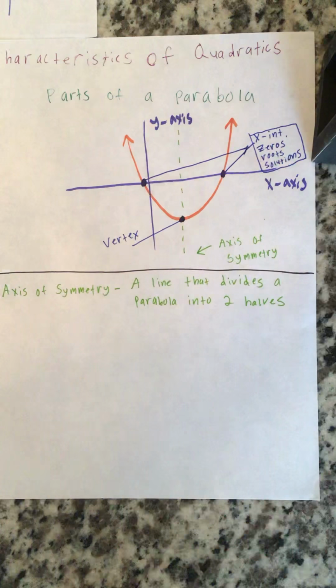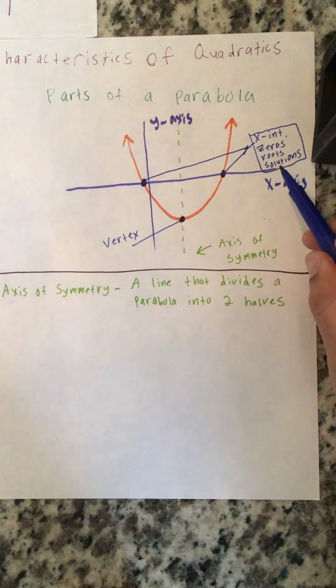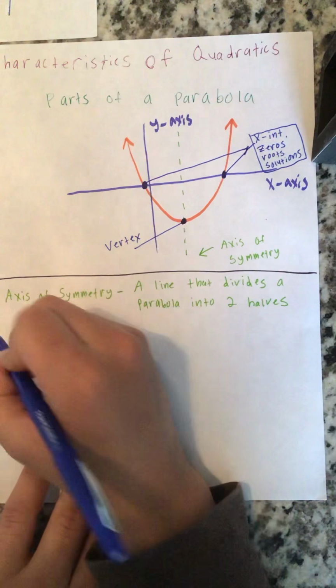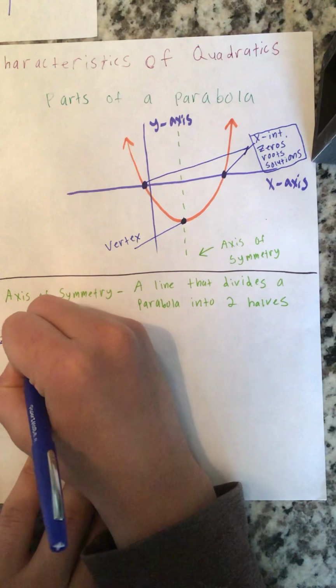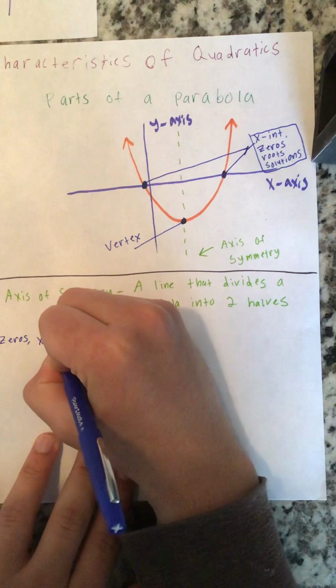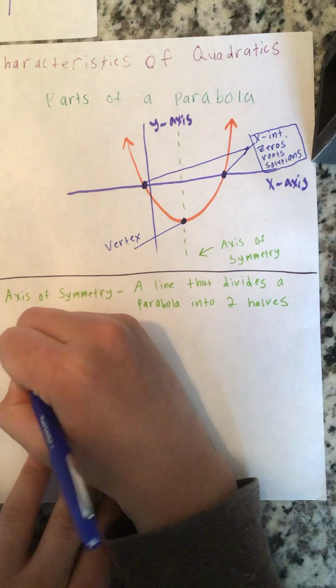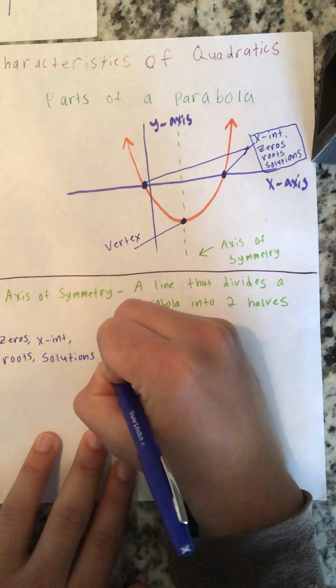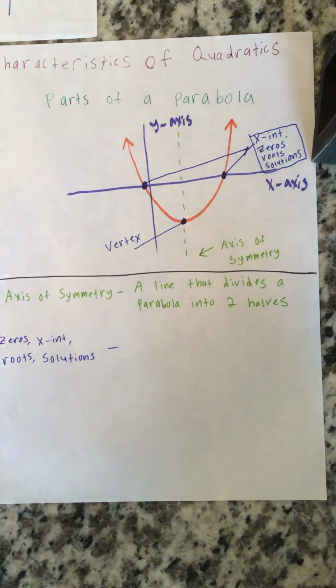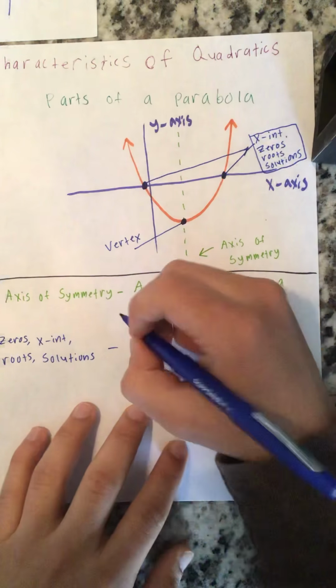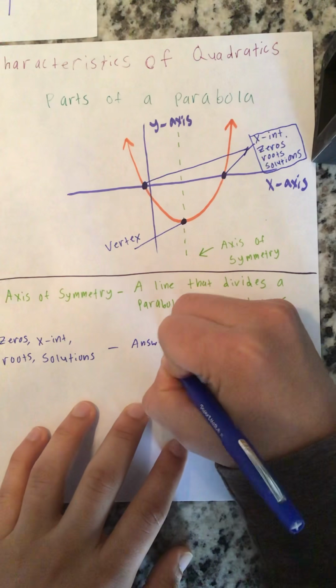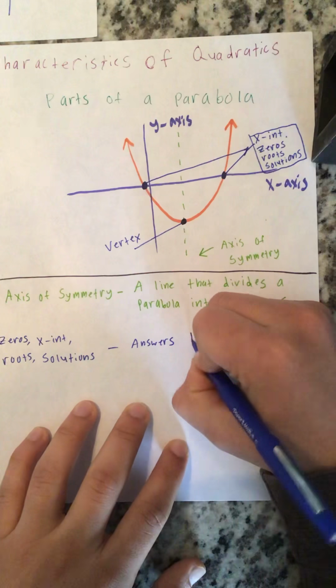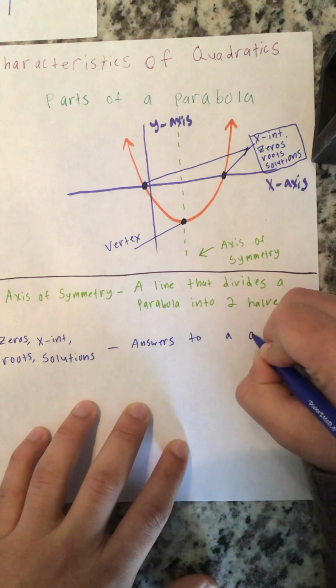The next words that we're going to define are this whole big group of words, so I'm going to try to write them all: zeros, x-intercepts, roots, and solutions.